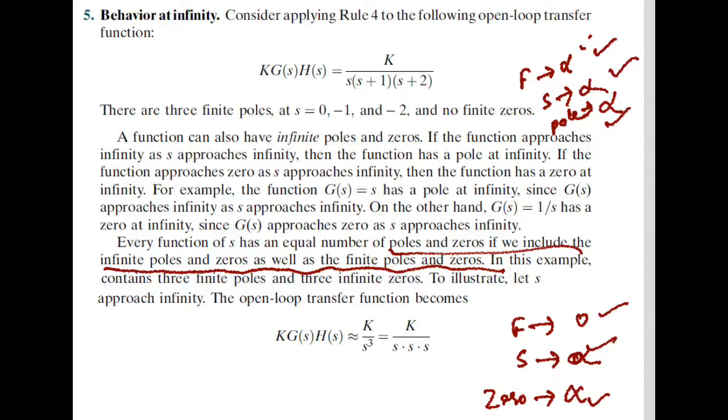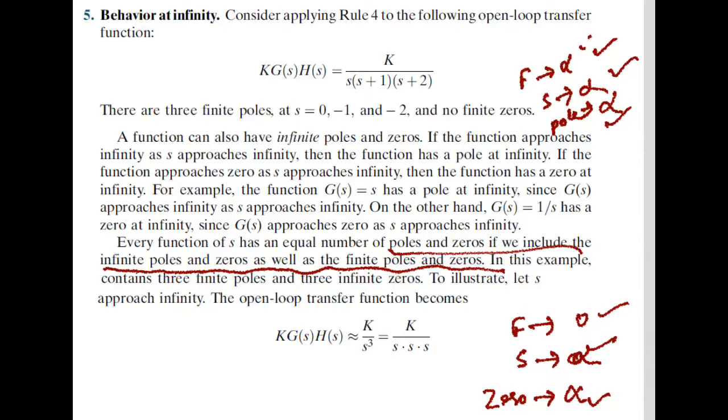So from this we will see that, as we have already said, root locus starts at the poles and ends at the zeros. So in this case the root locus begins at the finite poles, that is, we have the finite poles in this case.